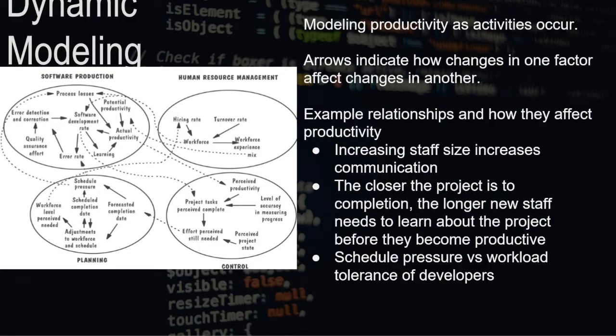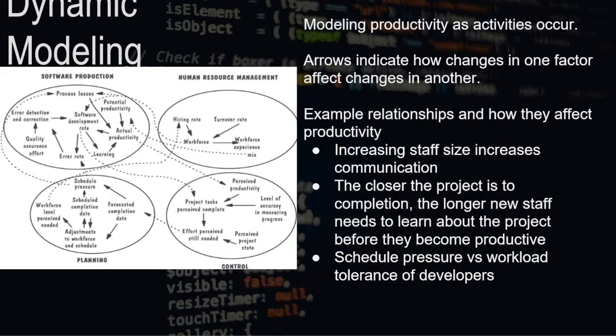Dynamic modeling models productivity as activities occur. Arrows indicate how changes in one factor affect changes in another. Some example relationships and how they affect productivity could be: increasing staff size would cause an increase in communication overhead.